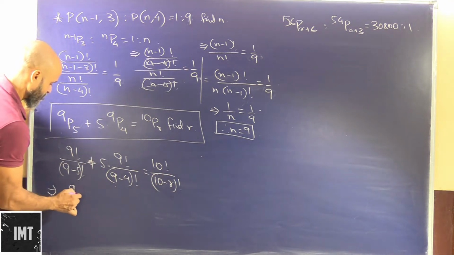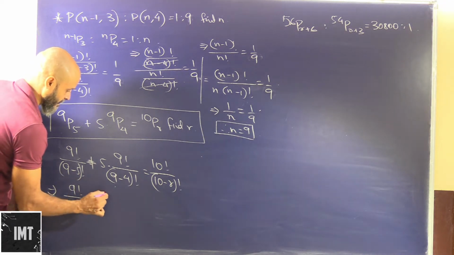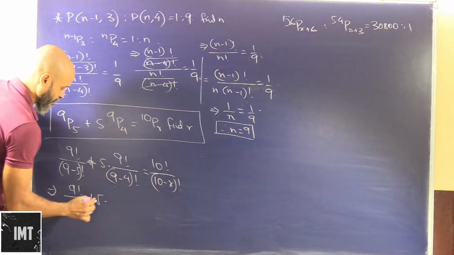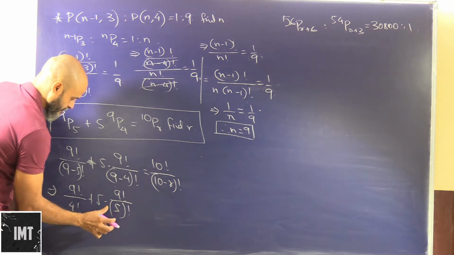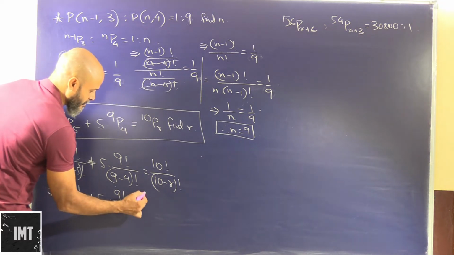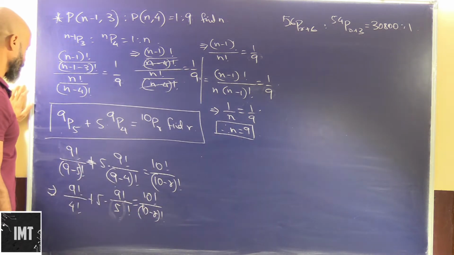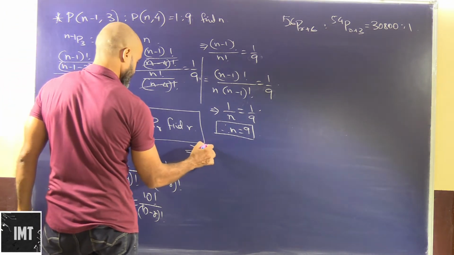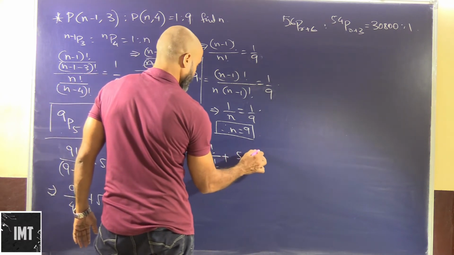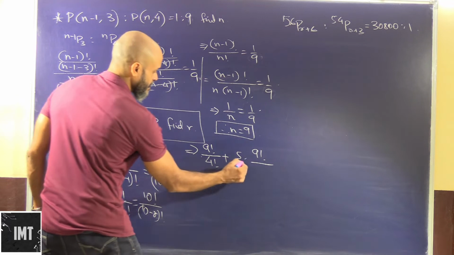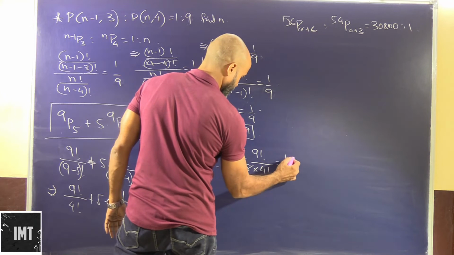So this will be 9 factorial upon 9 minus 5, that is 4 factorial, plus 5 into 9 factorial upon 9 minus 4, that is 5 factorial. If I expand this, 5 factorial will be 5 into 4 factorial. So in that case these two 5's will be cancelled.